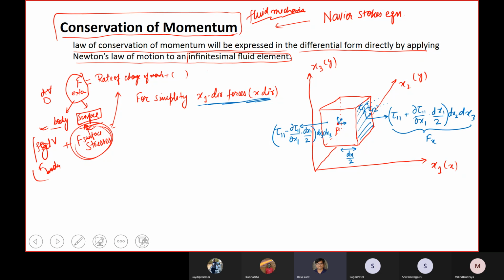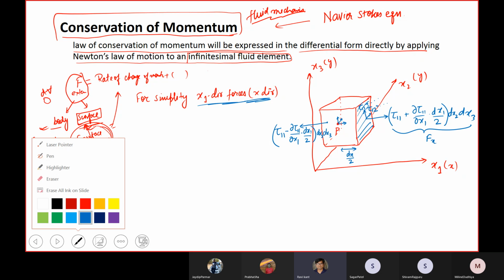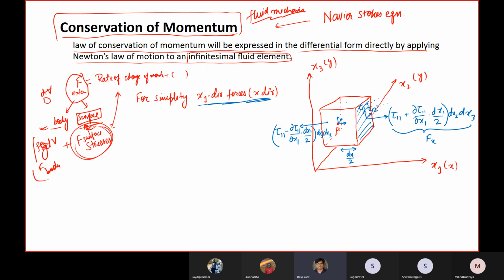What are the other forces that can act in x? On top, there will be one shear force acting along the right hand side, and the rest of the forces will be in other directions, but I will not care. I'll care only about this particular stress, tau 3 face in 1 direction. This stress will be written in terms of Taylor series expansion, because I am looking at this point.